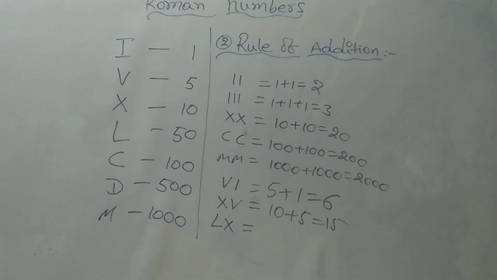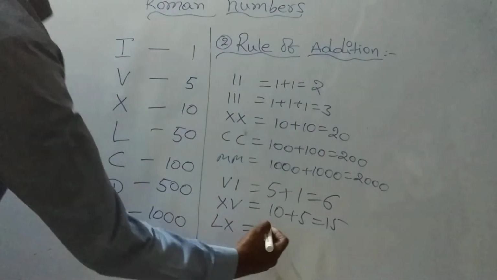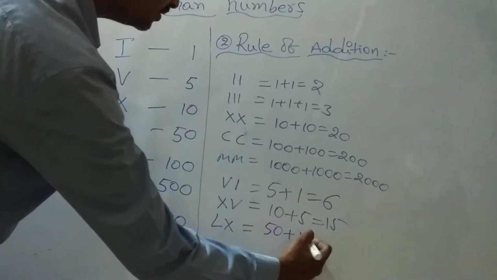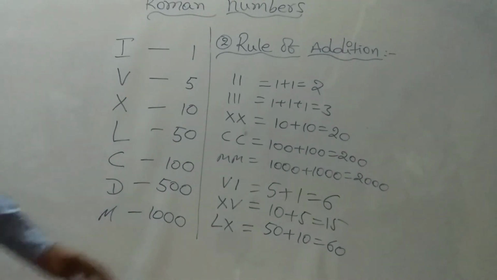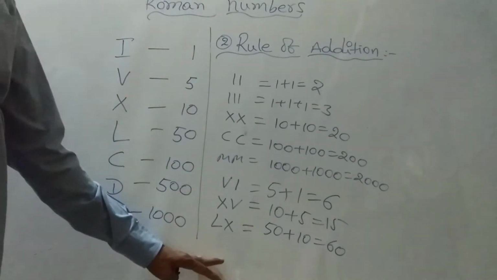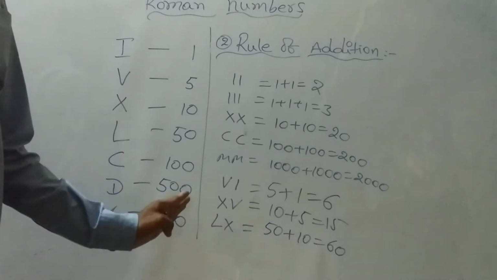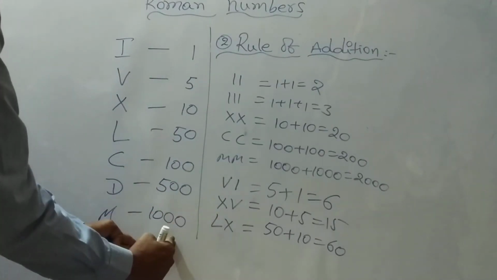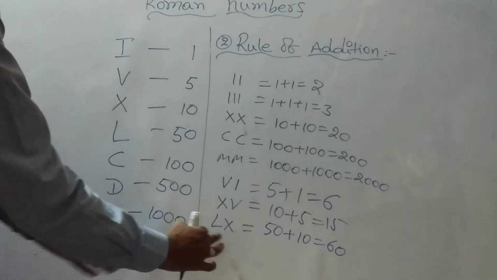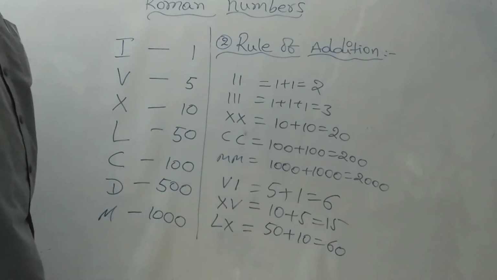L is 50, X is 10. 50 plus 10, that is 60. If the smaller symbol is available at the right side of the larger symbol, it can be added.